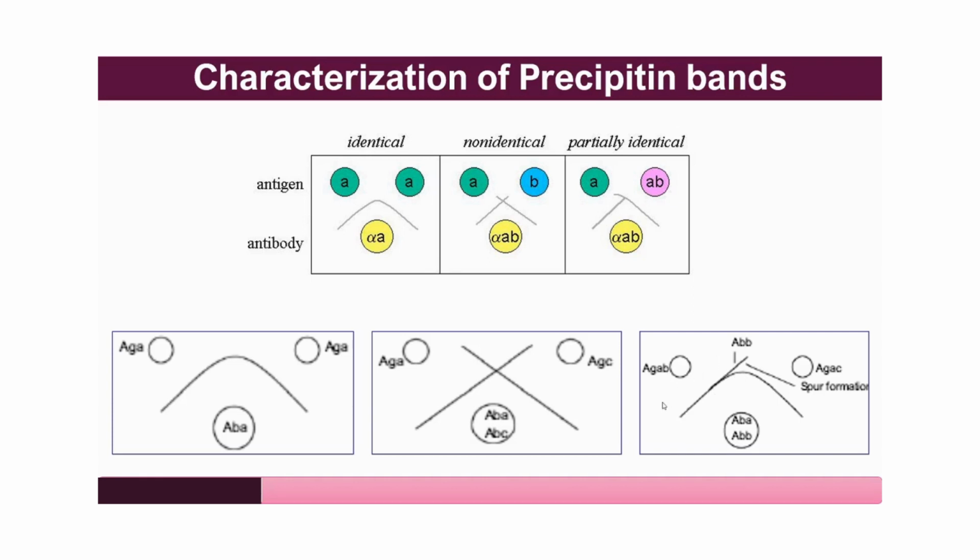So that also shows that, depending on the concentration of antigen and antibody, if they are equal, then the precipitin band will be right in the middle between the two wells. But if the concentration of one of them is higher, the higher concentration substance will push the precipitin band towards the lower concentration. For example, if the concentration of antigen A or B is higher, it will push the precipitin band towards the antibody side.